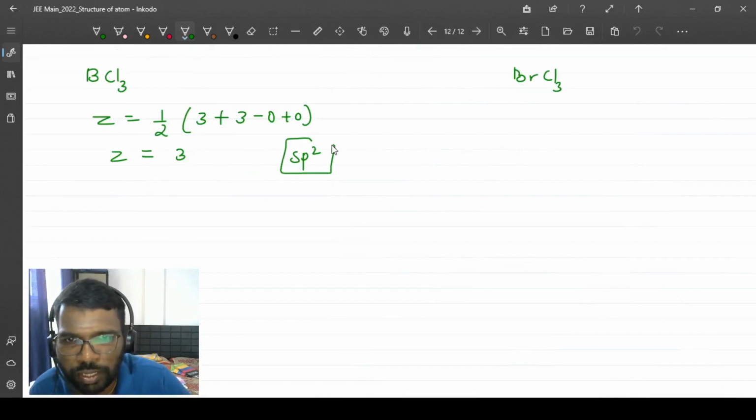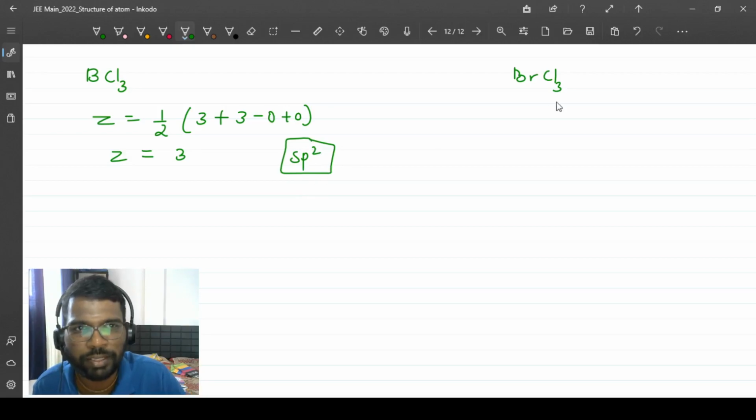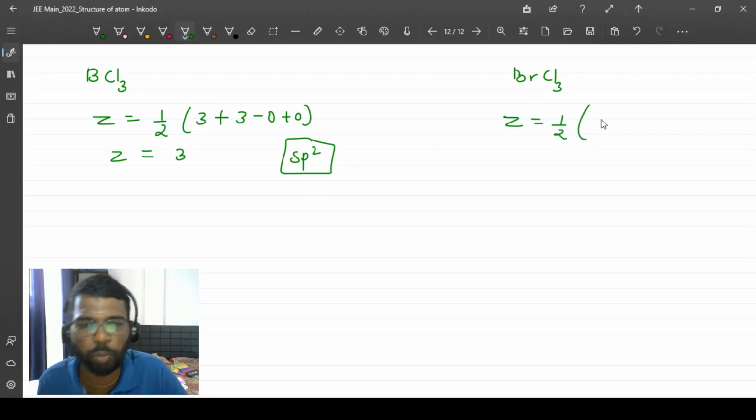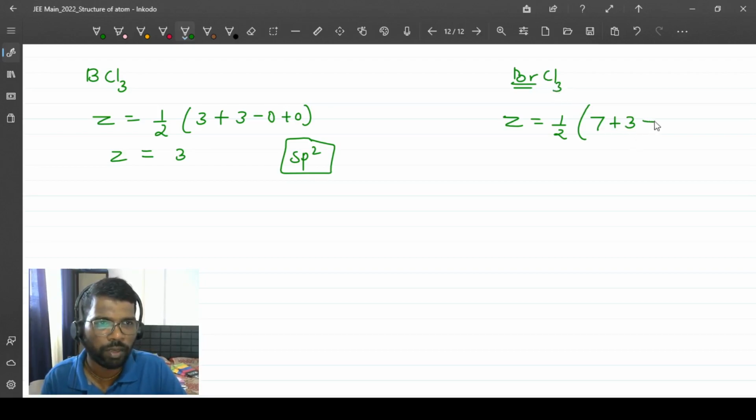So the structure is trigonal planar. And over here for BrCl3, Z will be half times the valence electrons for bromine, which is 7, plus the number of monovalent atoms, that is 3, plus 0 minus 0, because the anionic and cationic charges are 0.